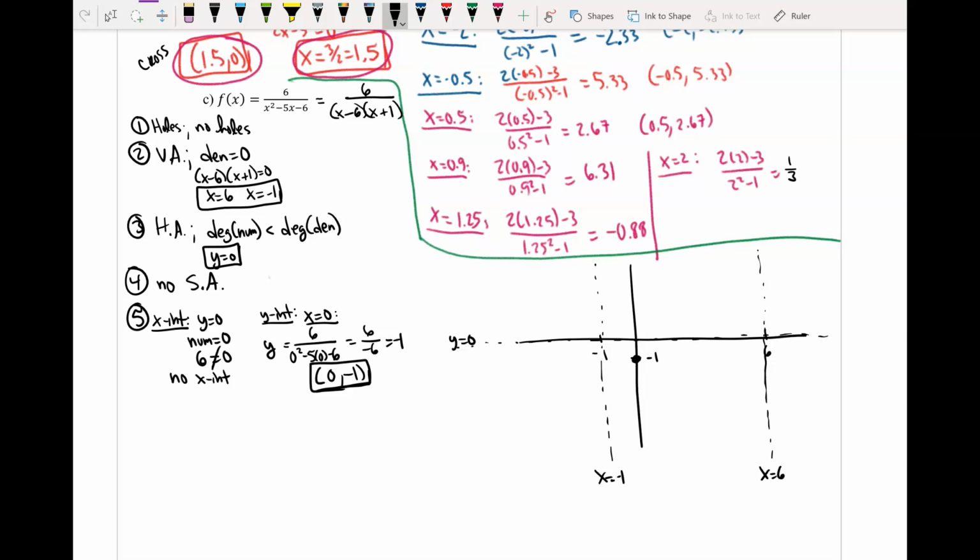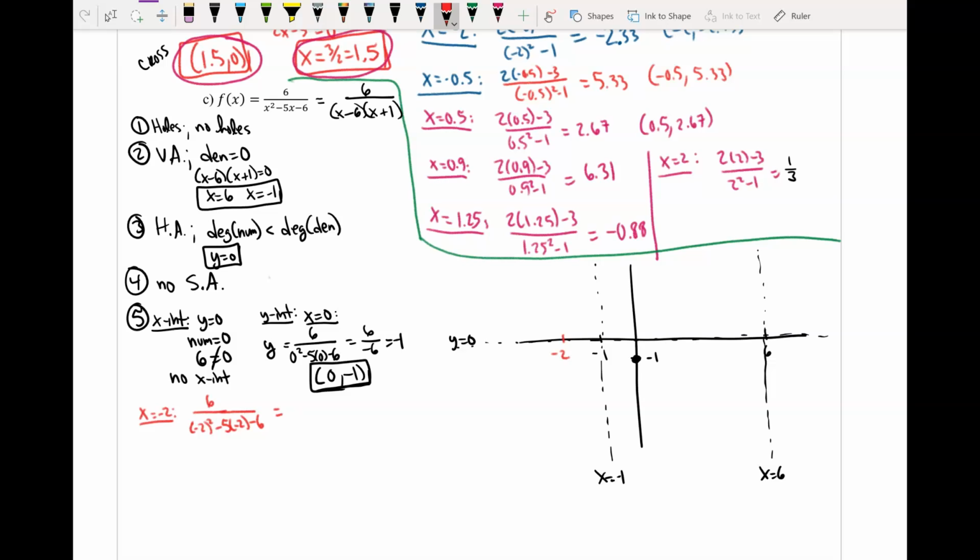Again, you can already realize what the graph is going to look like, but we're going to go ahead and plug in some points. We know that it's not going to cross the x-axis at all. So if you want to see what exactly is happening on this side, let's plug in a number like negative 2. If you're unsure of where this is going to go, when I plug in x equals negative 2 into our function, that's 6 over negative 2 squared minus 5 times negative 2 minus 6.